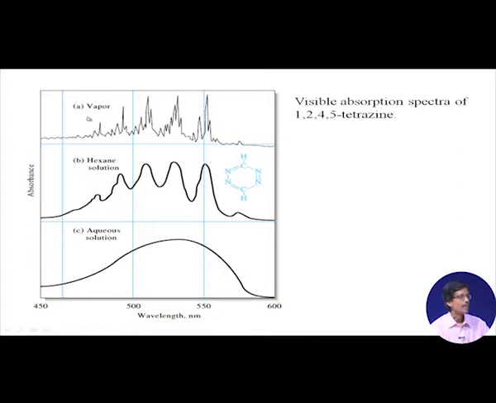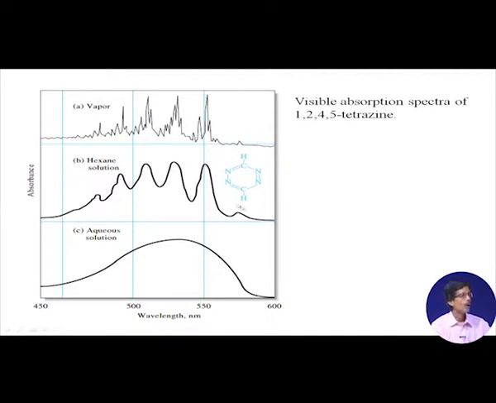So, that basically is seen very well in the case of its corresponding vapor state. So, if we take that molecule simply in the vapor state, this particular first band, you see that at 550 nanometer, what we get for the hexane solution is further split into 1, 2, 3, 4, 5, 6 bands.